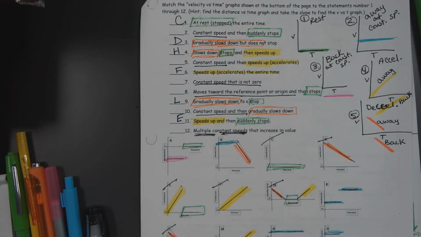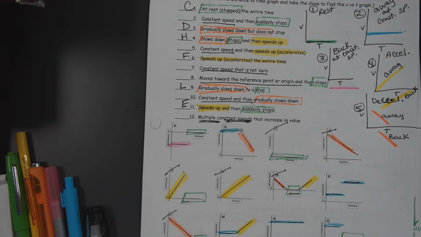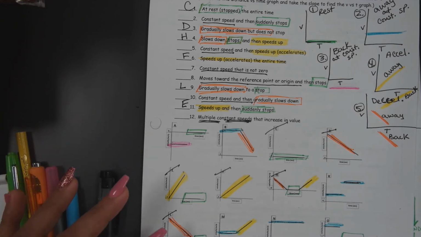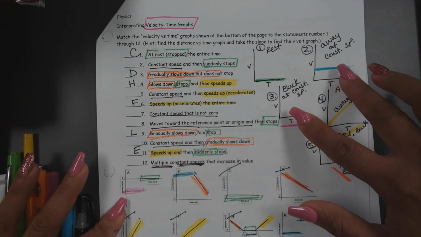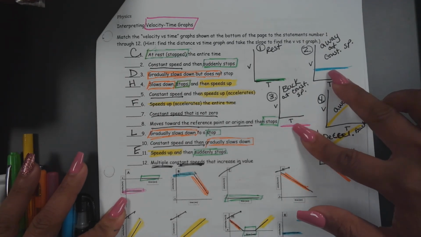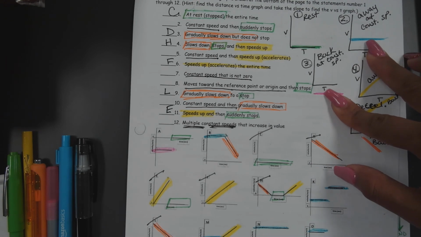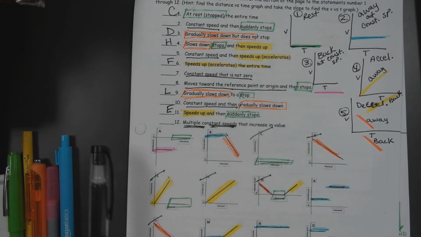All right. So here are the ones that had no underlining done. Now let's go back and analyze the other ones. Number 2, constant speed and then comes to a stop. I know that it has to be either blue or pink and then comes to a stop. O is correct.